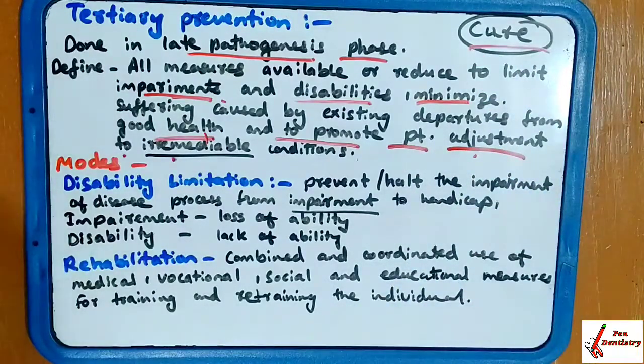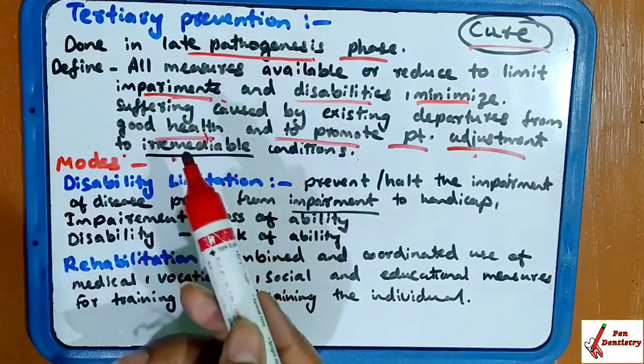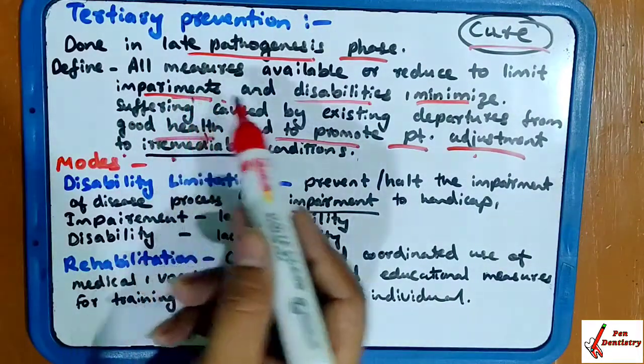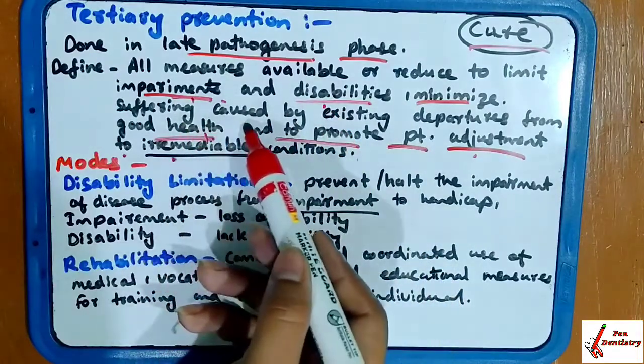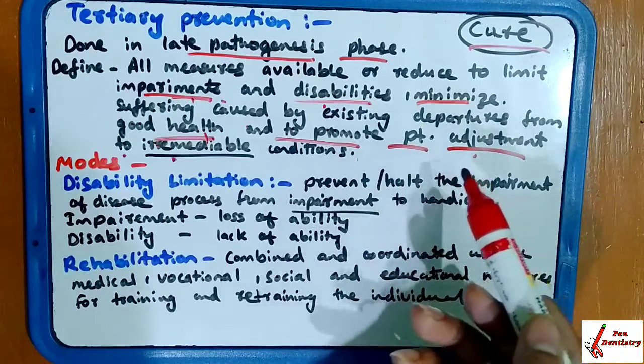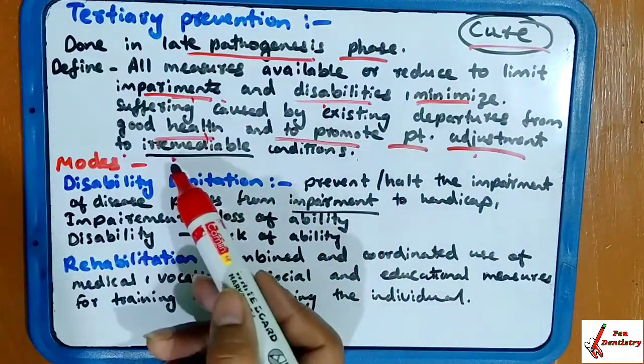So in tertiary prevention, we do such things to reduce the impairment, disability, and suffering for the sake of good health, and promote the patient's adjustment to the condition.